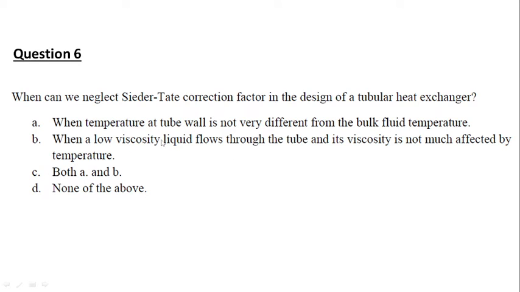Option B: when a low viscosity liquid flows through the tube and its viscosity is not much affected by the temperature. Option C, both A and B. Option D, none of the above.